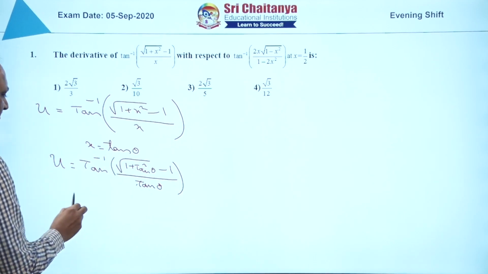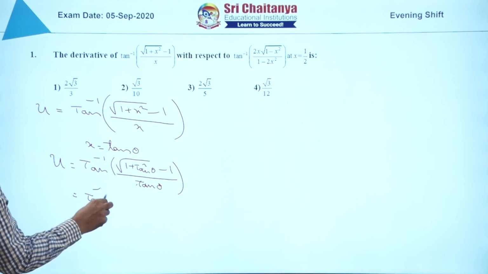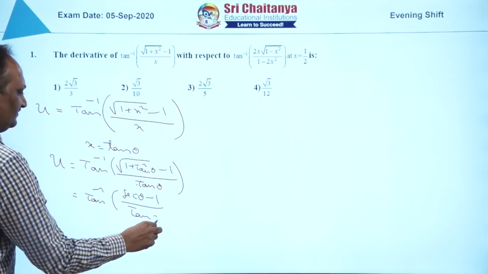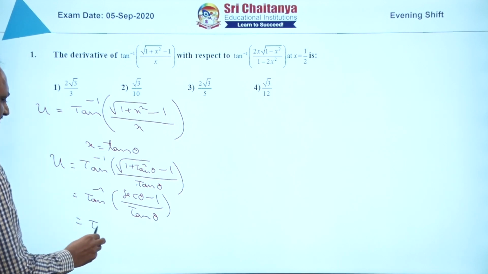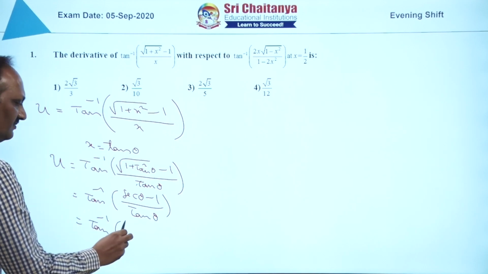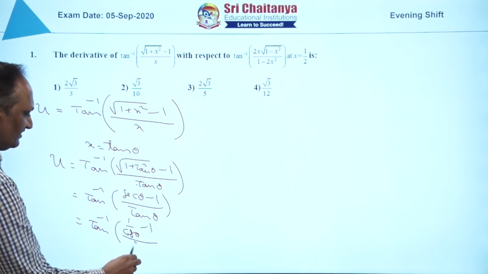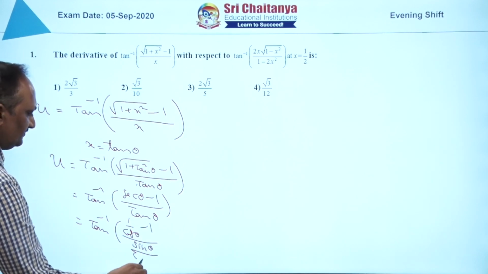By simplifying this, you are getting tan inverse of (secant theta minus 1) by tan theta, that is tan inverse of (1 by cos theta minus 1) by (sin theta by cos theta).